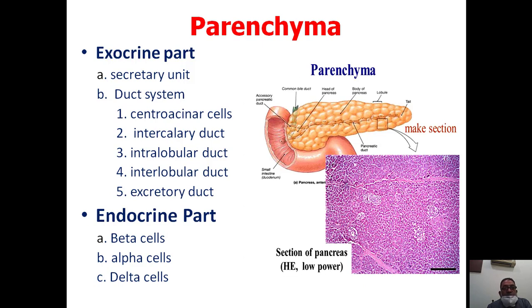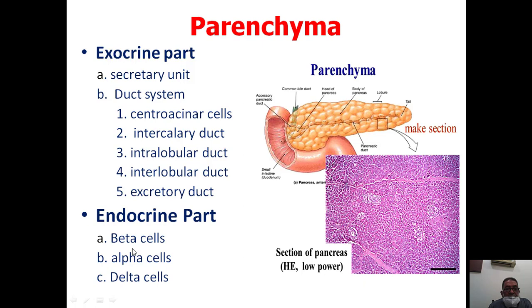The duct system consists of centroacinar cell, intercalary duct, intralobular duct, interlobular duct, and lastly the excretory main duct. Now, the secretory units are the parenchymal pancreatic acini, which are 4 or 5 cell units having a central lumen. Now, we will discuss this in the next slide.